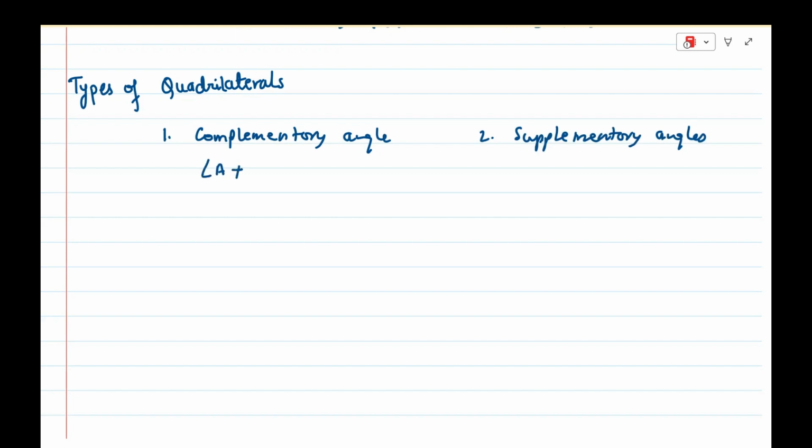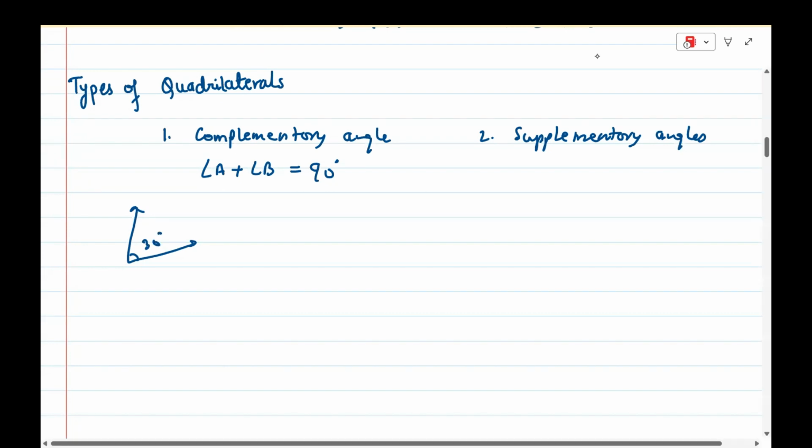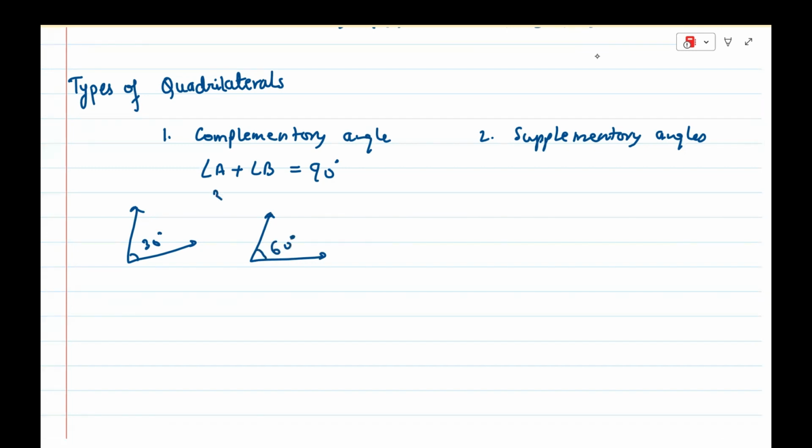If the sum of two angles, suppose A and B, together is 90 degrees. For example, I have one angle which is 30 degrees and I have another angle which is 60 degrees. If I add these two, 30 and 60, it is 90 degrees. So I will say angle A and angle B are complementary to each other.